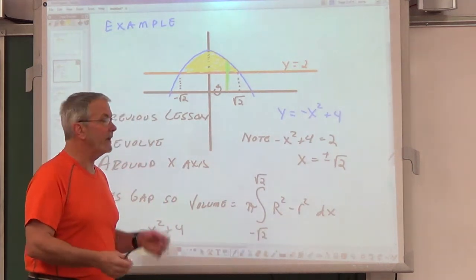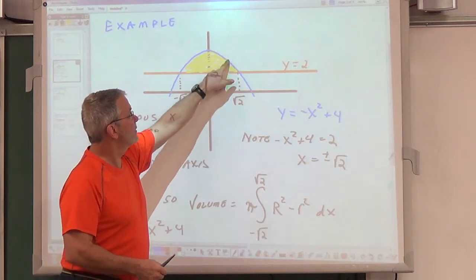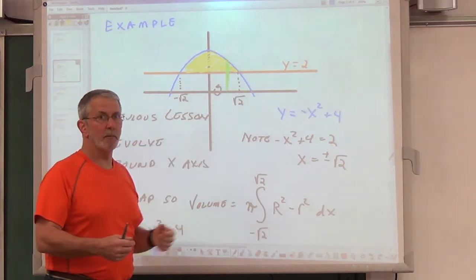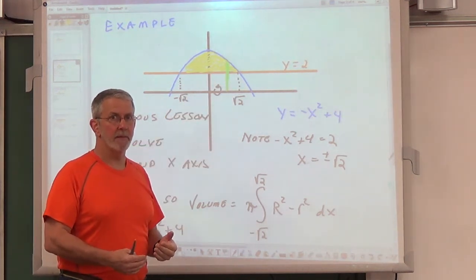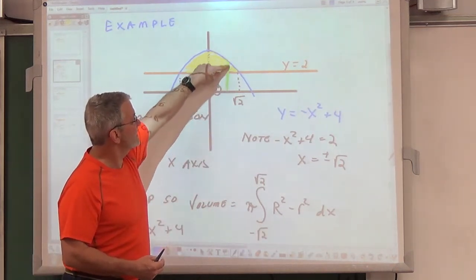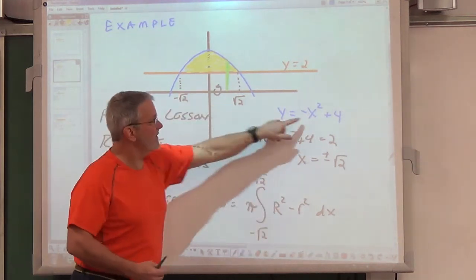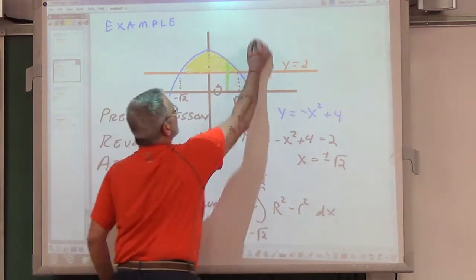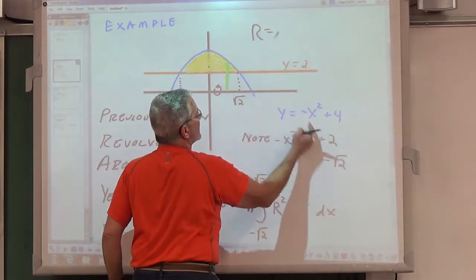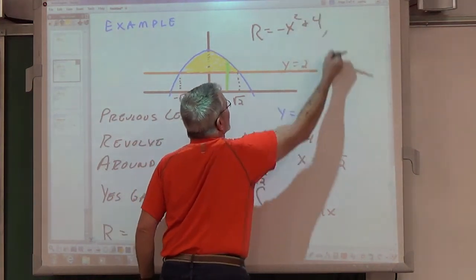And then what we did is we went from the x-axis and we just went out to the farthest point of that region, and that's our big R. So our big R this time is this y value. And in this case, it's going to be that function. So big R is going to equal that function value, which is negative x squared plus 4.